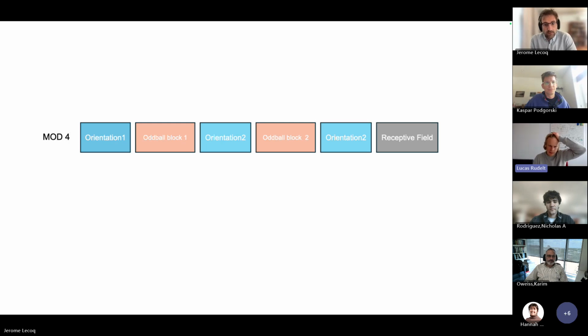Just one small thing. I was already doing an analysis where I split the outboard block in half and trying to see if there are differences between the first half and the second half to assess a bit these long-term changes that evolve or that already happened during the outboard block. Would that be something useful to look at as well?